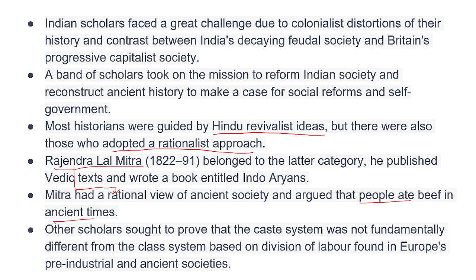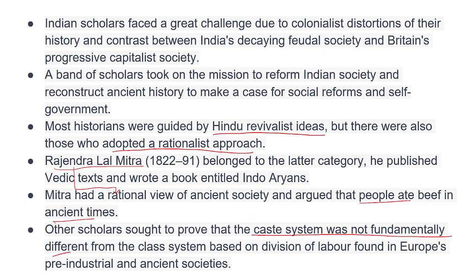But Rajendra Lal told that even in the ancient societies people ate beef and this meat and all, जिसको हिंदू सोसाइटी एक्सेप्ट नहीं करती है, but people ate beef. So other scholars sought to prove that the caste system was not fundamentally different, right? Caste system was not fundamentally different from the class system, right?